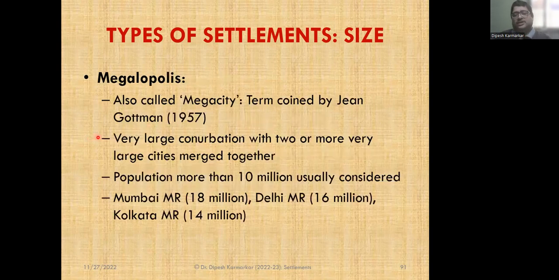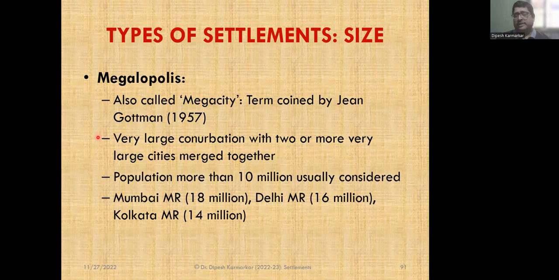The next classification is megalopolis. Now, megalopolis is also called a megacity. The term was coined by Jean Gottmann in 1957. It's a very large conurbation with two or more very large cities merged together. Usually, a megalopolis has a population of more than 10 million. In some cases it is considered as more than 8 million, but more than 10 million is what is usually considered.